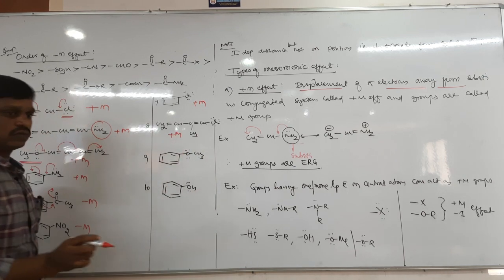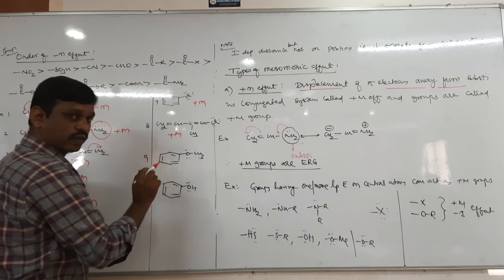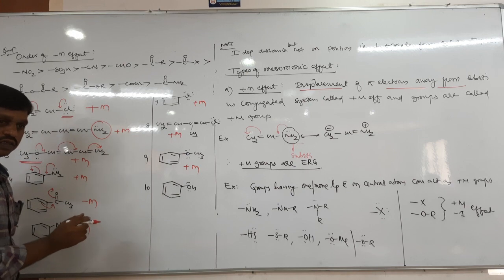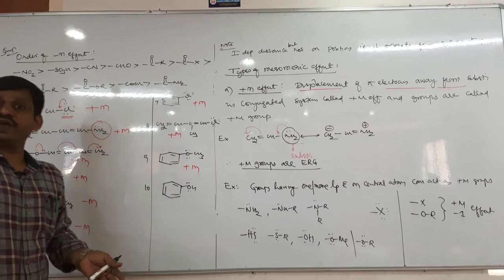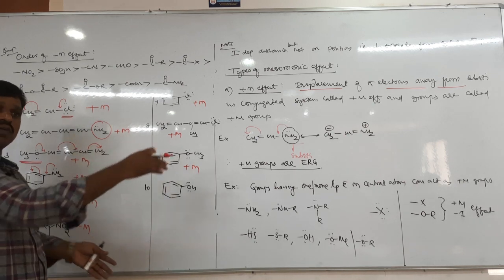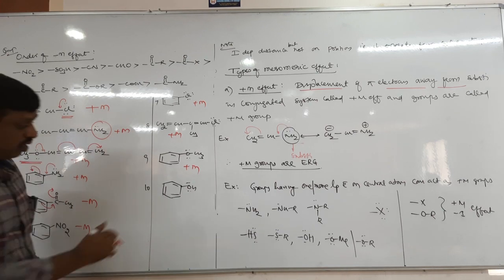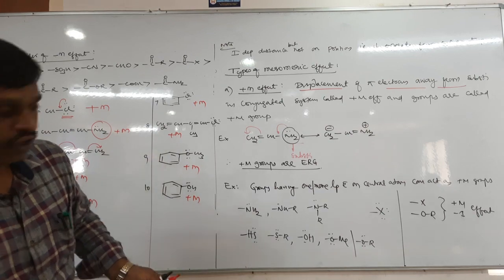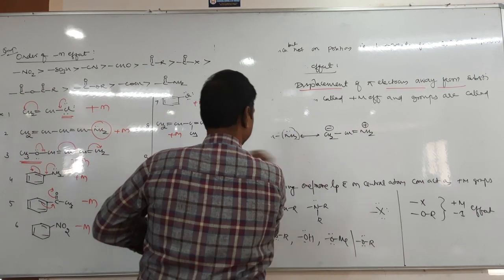Next, it is plus M. Next, see, a lone pair is there. I am not asking about the inductive effect. Don't confuse. When two or more effects come, I will tell you there. Here, plus M or minus M? It is plus M because of the lone pair.